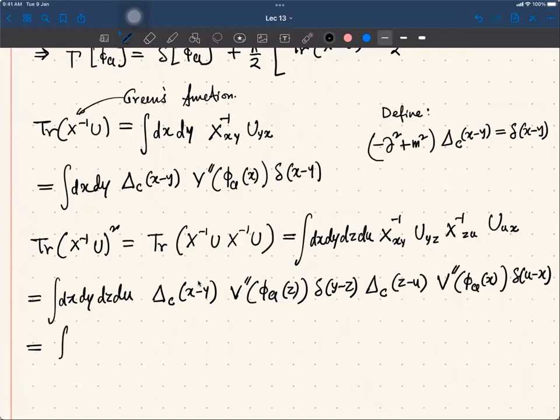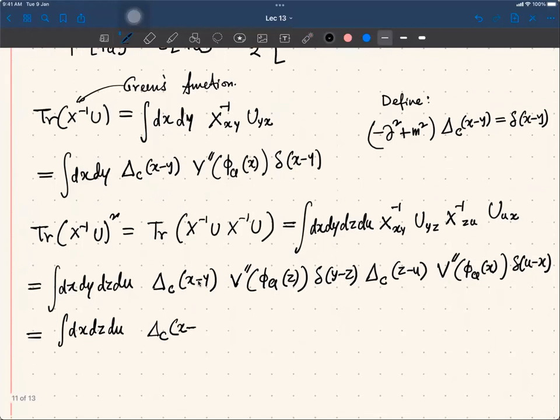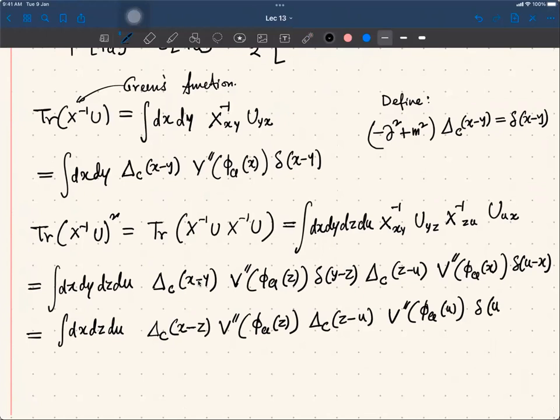So if I integrate over y, then delta_c(x minus y) is the same as z, V double prime phi_cl(z) delta_c(z minus u), V double prime phi_cl(u) delta(u minus x).